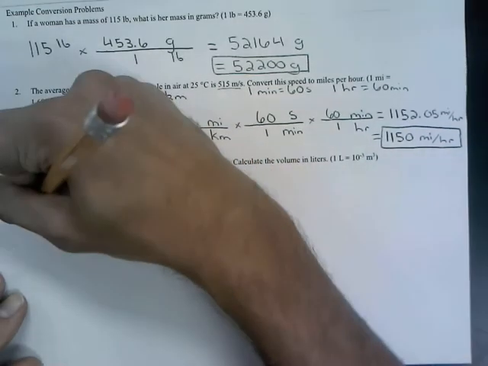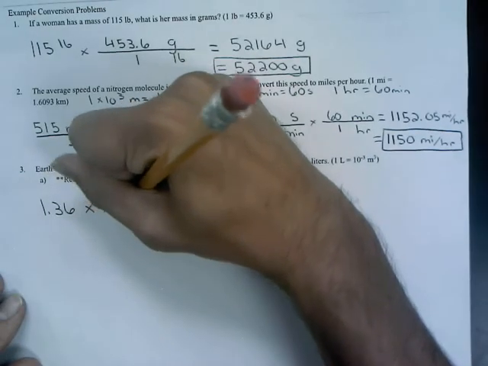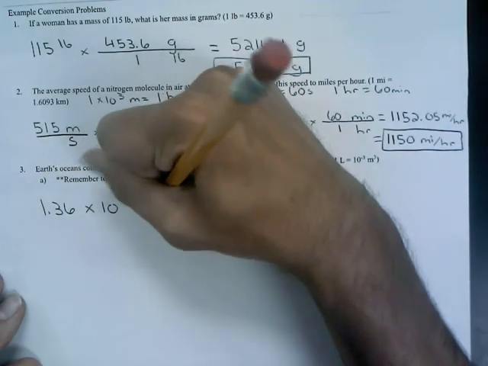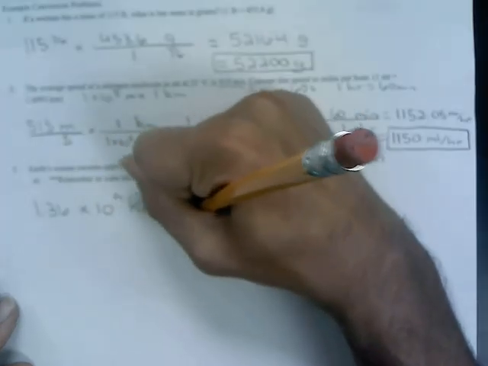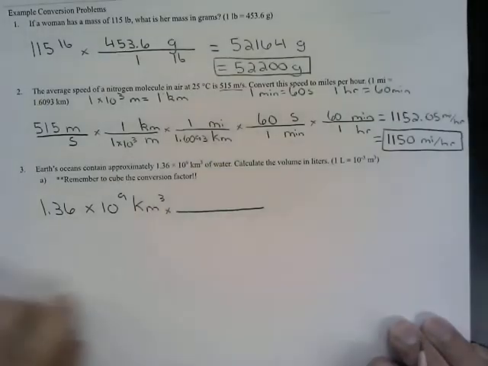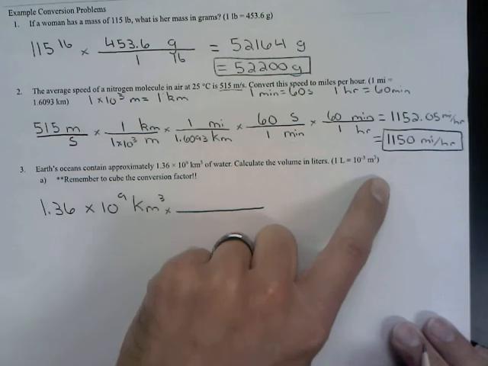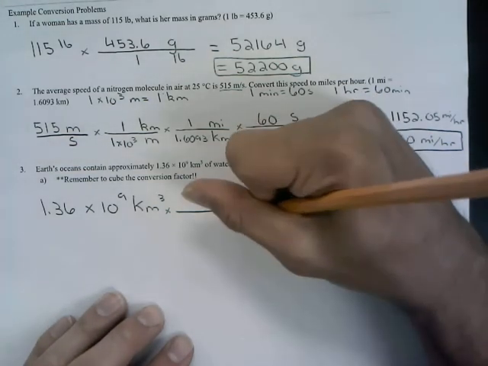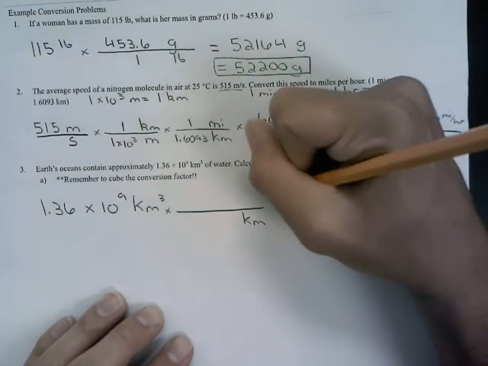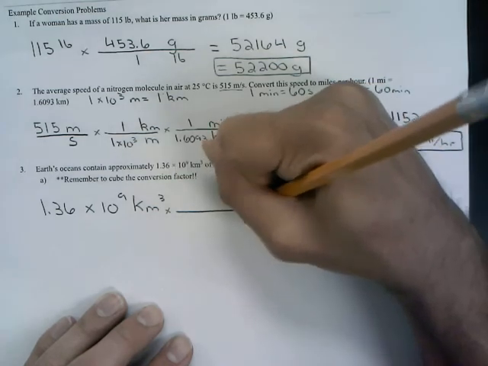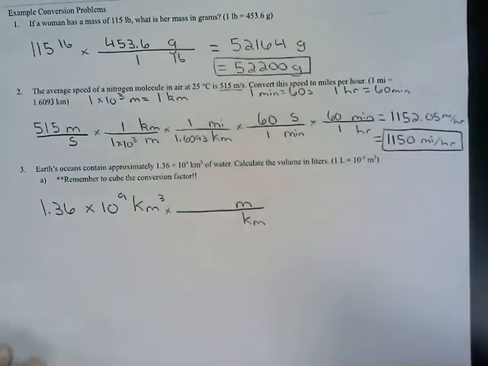So we are given 1.36 times 10 to the 9th cubic kilometers, and this is going to come into play. The first thing here is I've got to get it into meters. So I've got to go kilometers to meters. And so what I need to do is this.